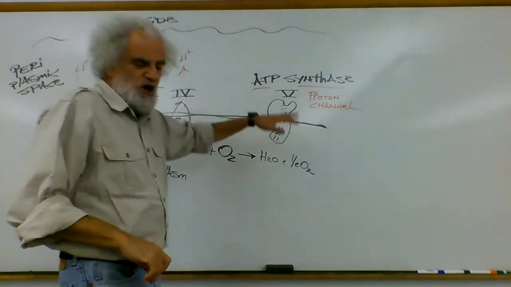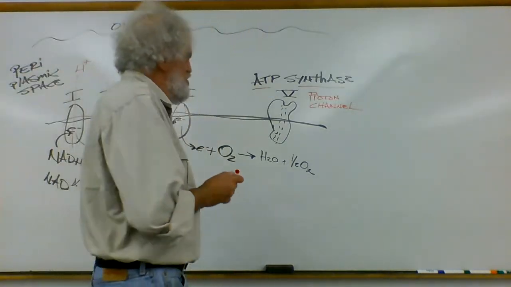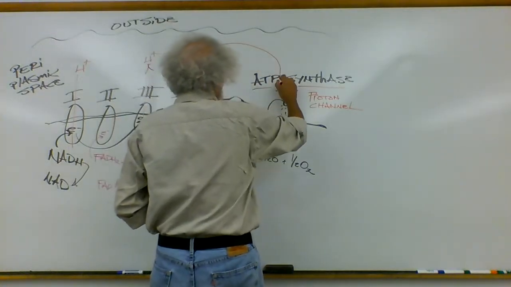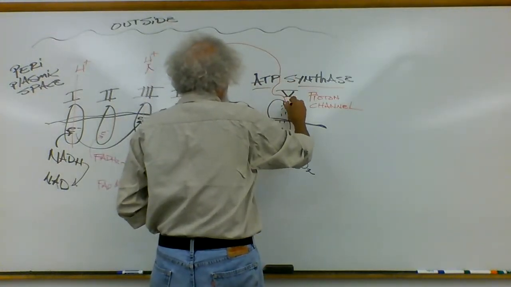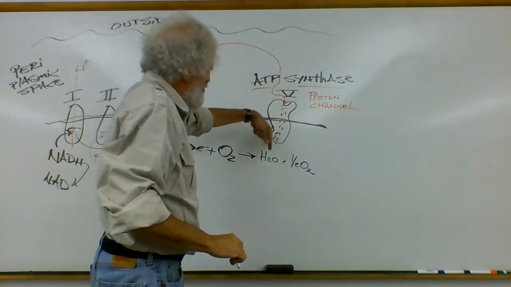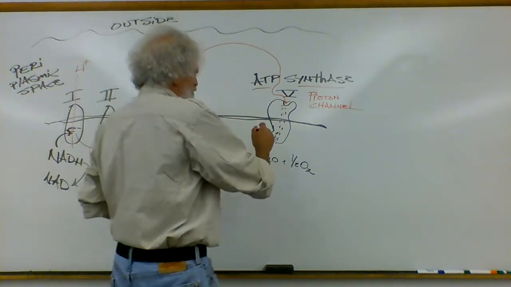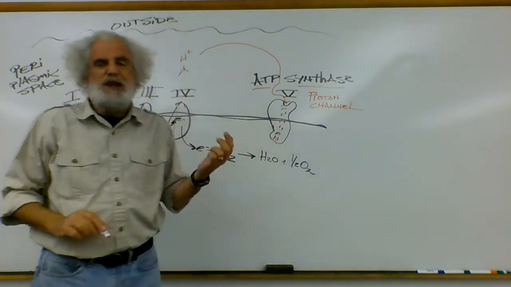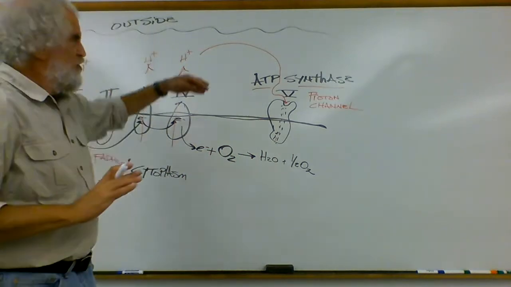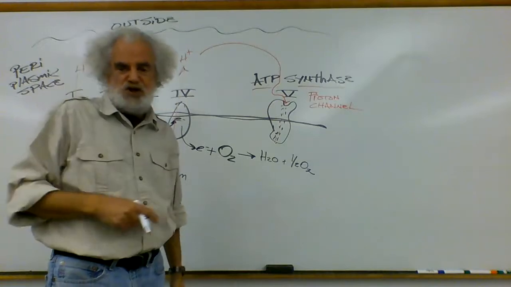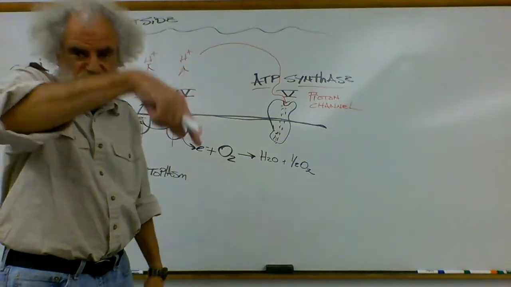So this is a proton channel. And this proton channel is a fairly complex set of proteins that, as the hydrogen ion moves through, it is able to now rephosphorylate. We can think of it a little bit like a dam, where we have put all the water back here, and now this is the water inlet. We can let the water through and run a turbine. Theoretically, we're spinning that.